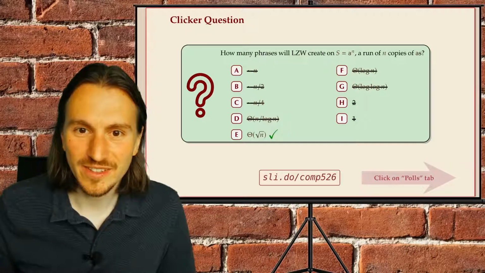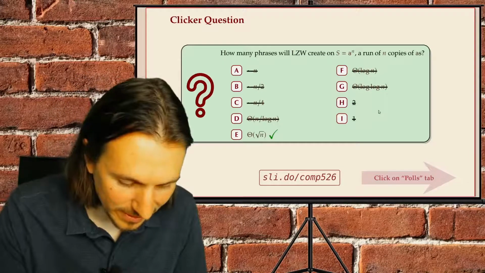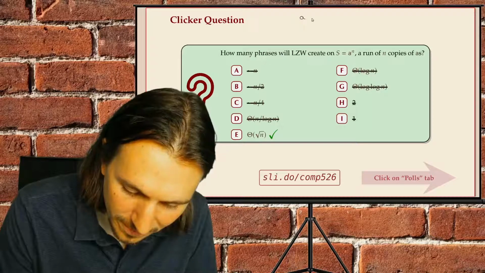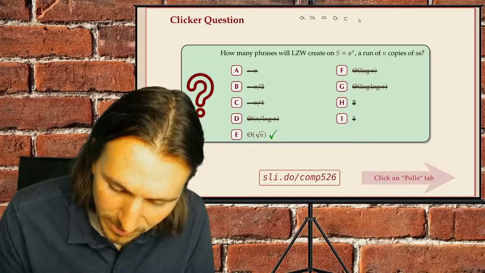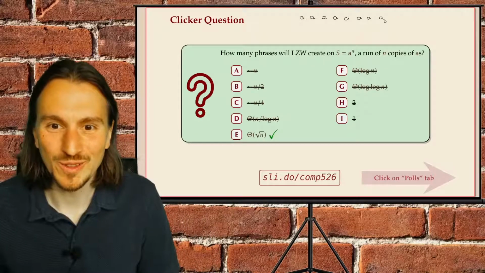And to see this, you basically have to simulate the algorithm a little bit. So let's try to do this just on a small example, where I use some small n, and we'll look at what happens.